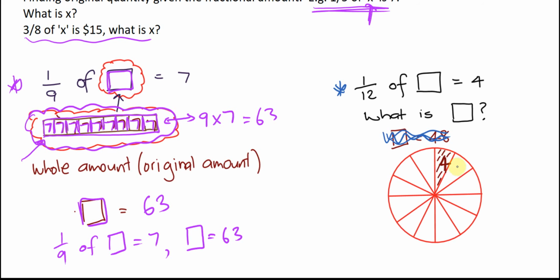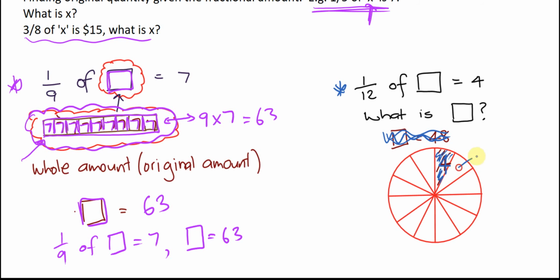Okay, so I've got 1, 2, 3, 4, 5, 6, 7, 8, 9, 10, 11, 12. And the question is saying that 1/12 of that whole amount is equal to 4. So what I've done is I've shaded in 1/12 and placed a 4 inside there. So 1/12 is 4.